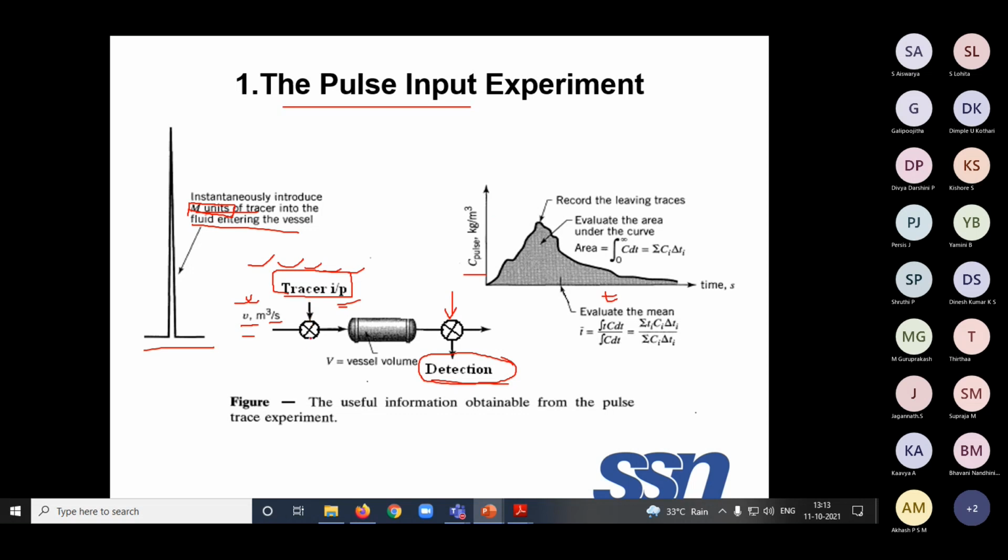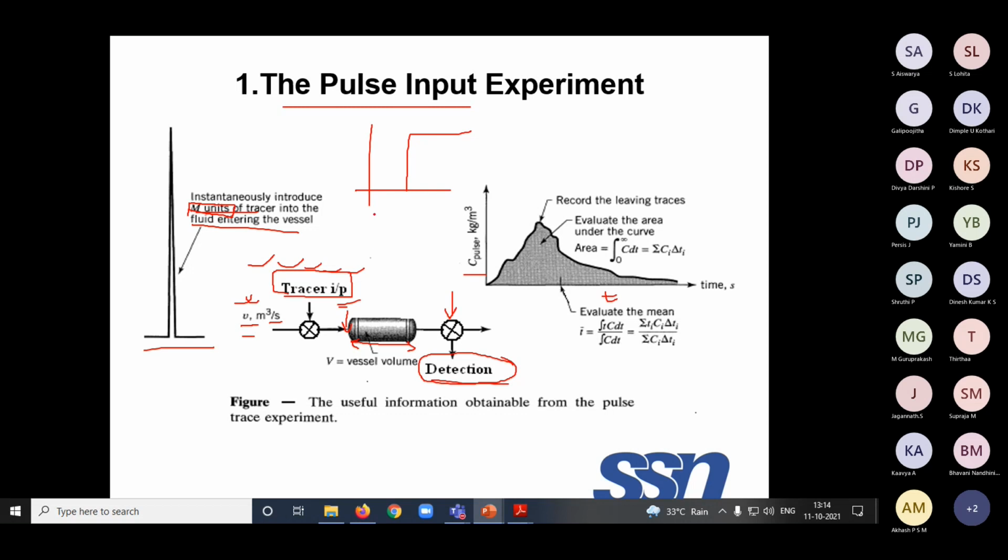If it is ideal, what will happen? This entire fluid, because you are introducing here, the fluid which is here is called the void fluid. It should not mix with this particular thing. Only this. Then what should come? Your ideal behavior should come like this. Am I right?